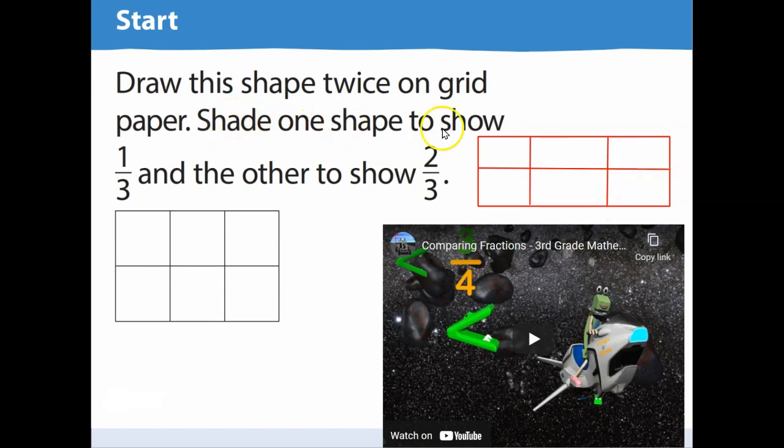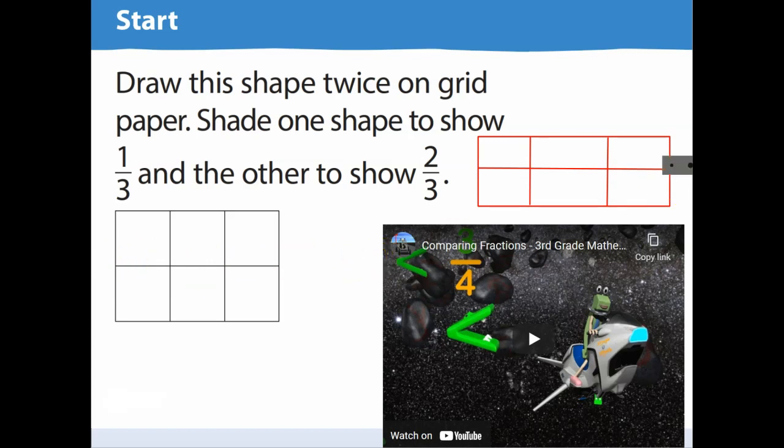It says shade one shape to show 1/3. Okay, so look, I have 6 sections, right? I need to find 1/3 of that. Okay, so look, pretend there isn't a line across.